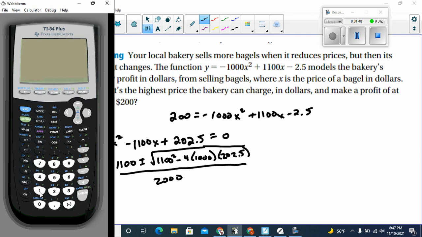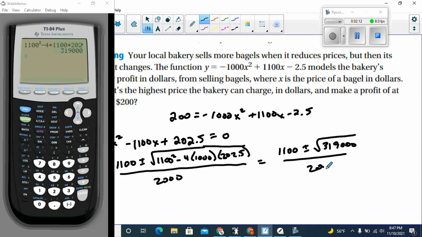Simplifying the discriminant, the stuff under the square root there, I've got 1100 squared minus 4 times 1100 times 202.5. So 1100 plus or minus the square root of 319,000 all over 2,000.